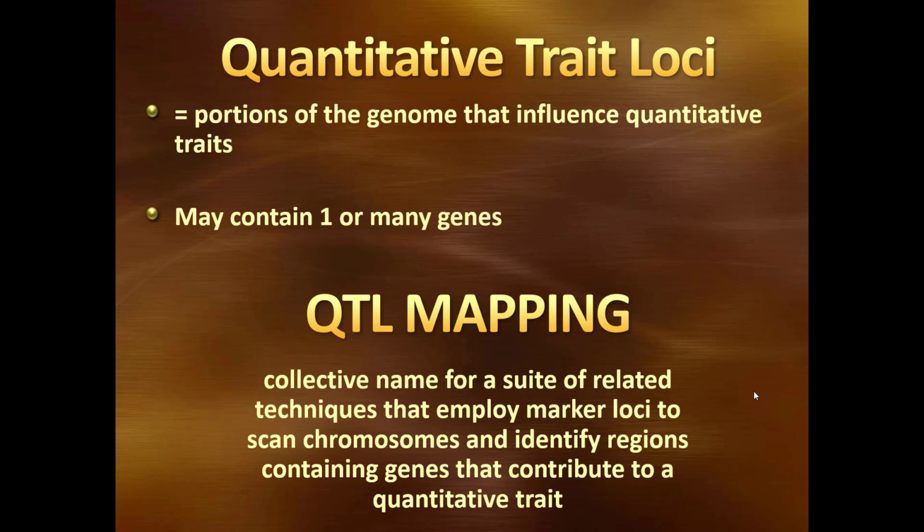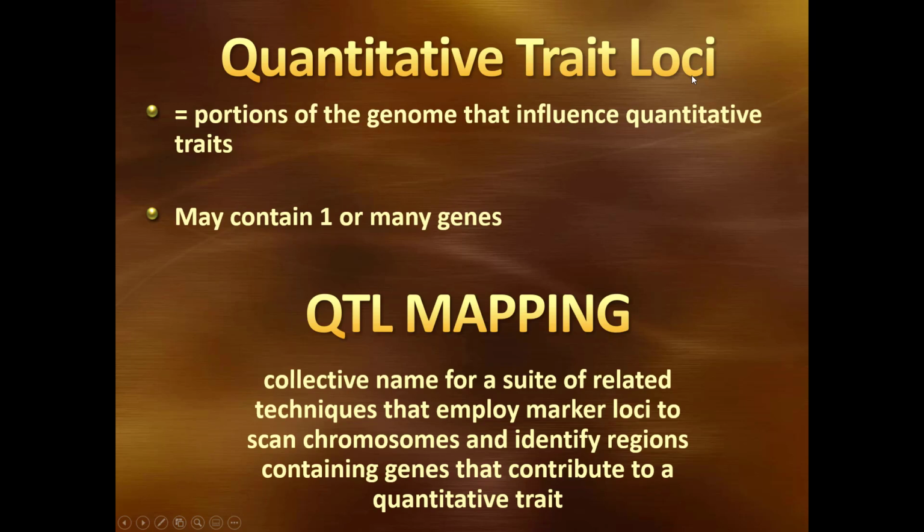Basically, let's just say that we have a particular trait that we know is being coded for by lots of different loci. So there's large portions of the genome that contribute to this trait. We refer to those portions as quantitative trait loci.